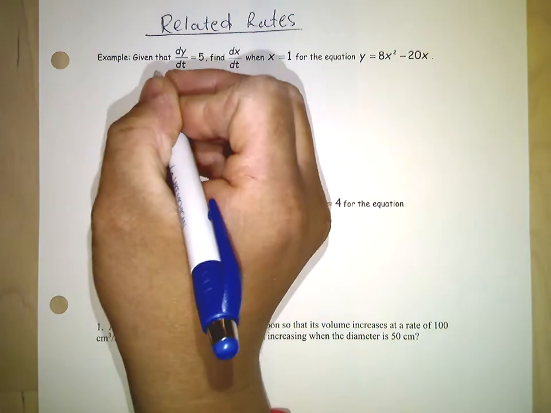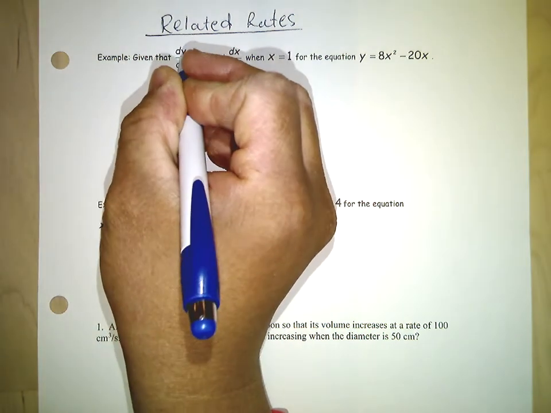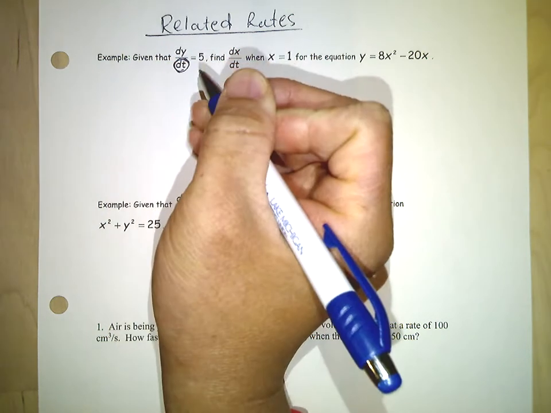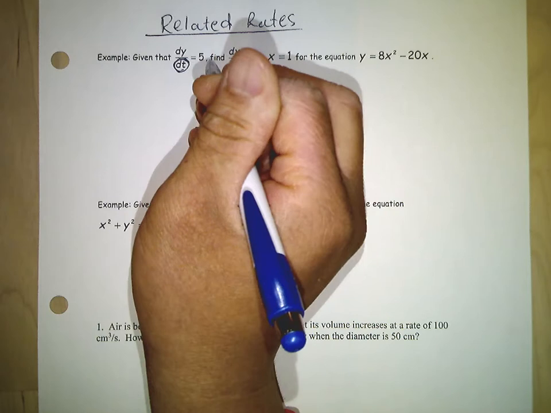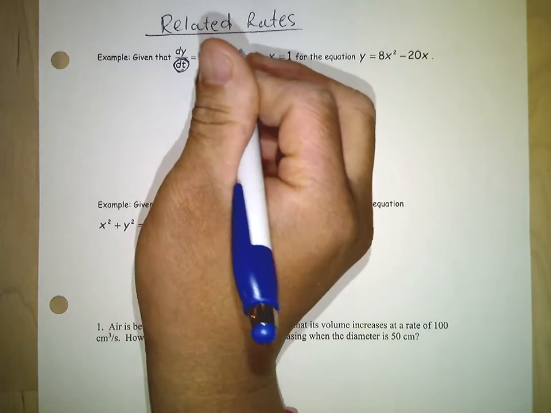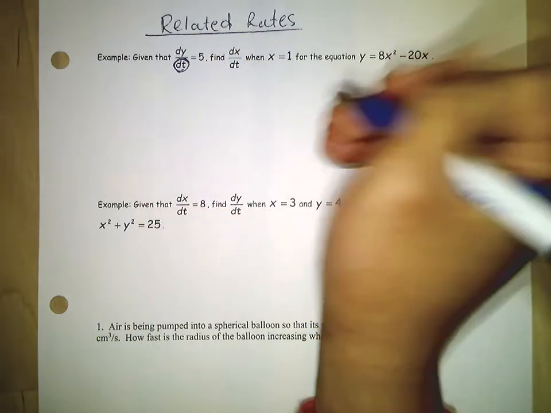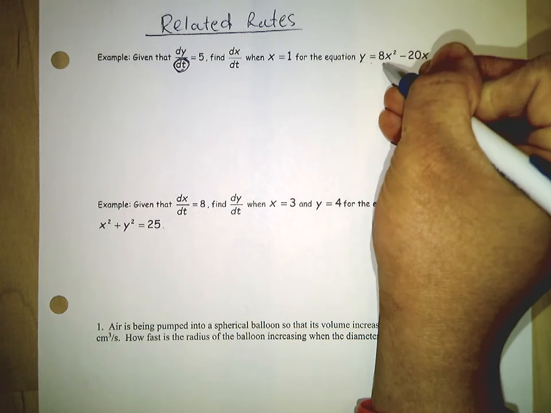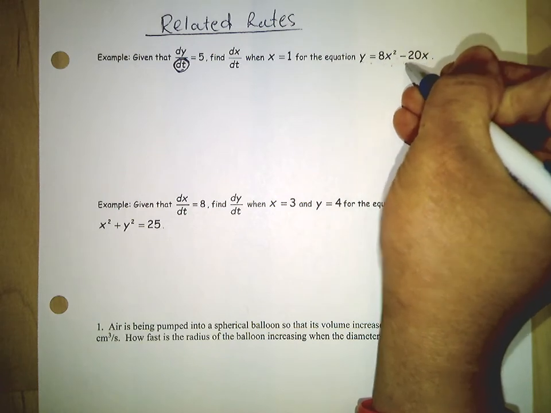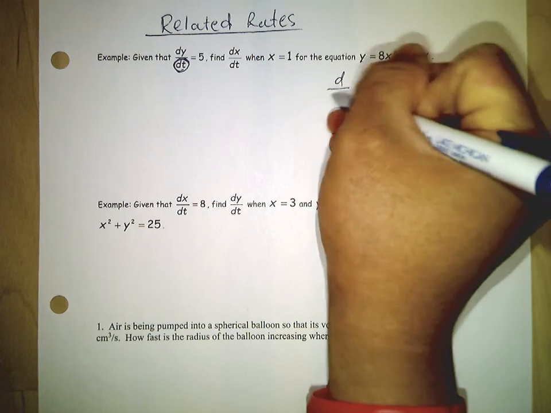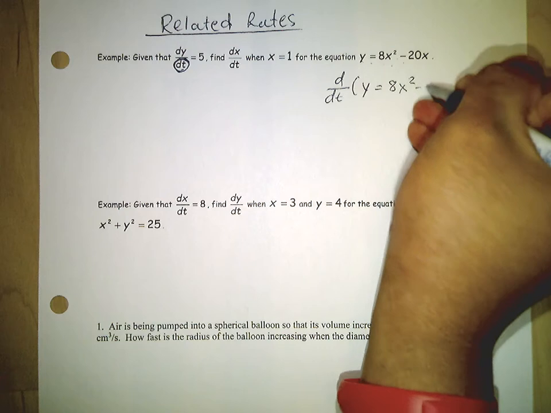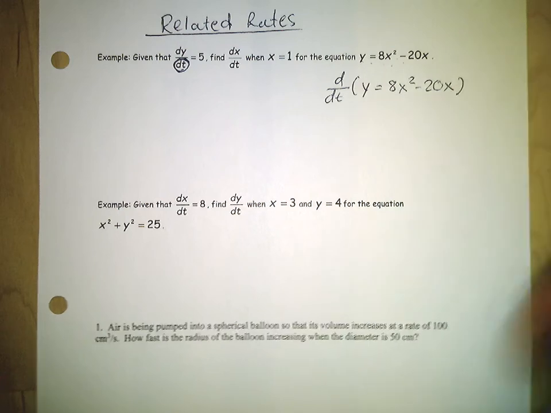So here's an example. Given that dy/dt, so pay attention to the variable that we are finding the derivative with respect to here, is equal to 5, find dx/dt when x is equal to 1 for the equation y equals 8x squared minus 20x. So we want d/dt of y equals 8x squared minus 20x.